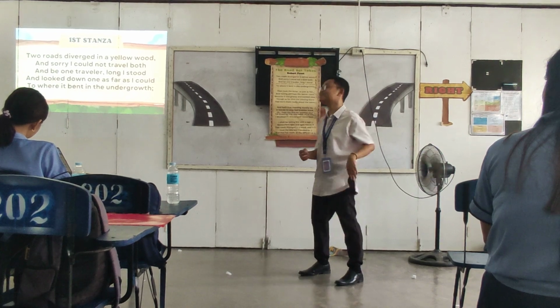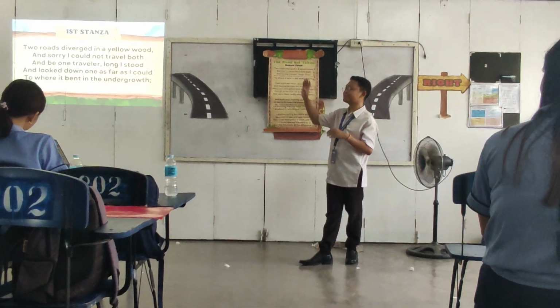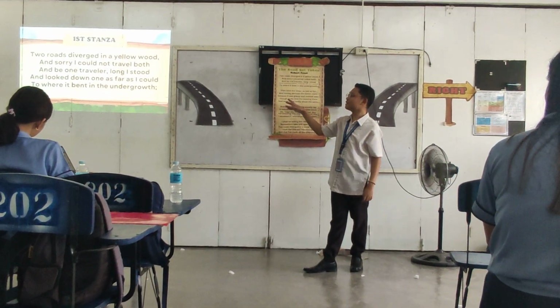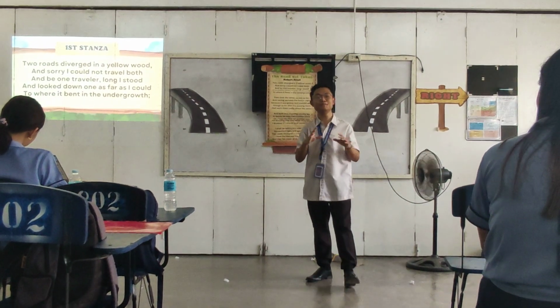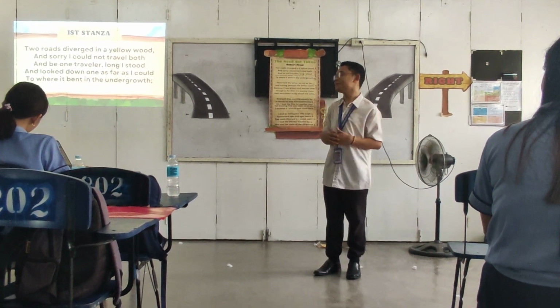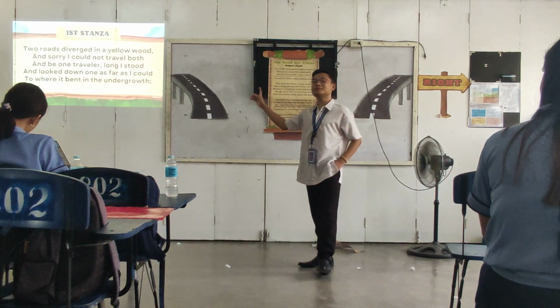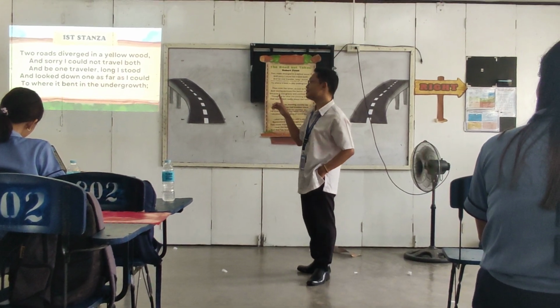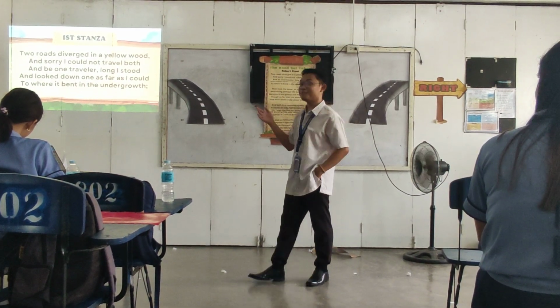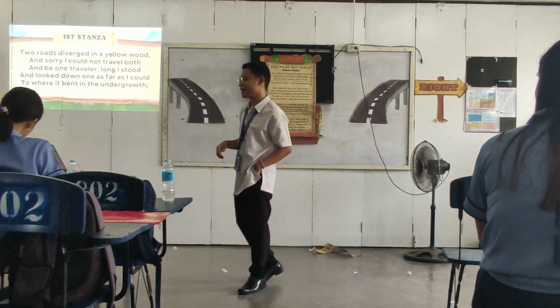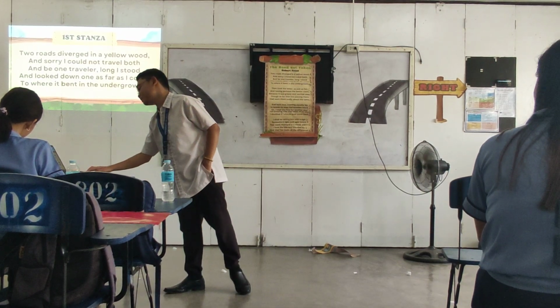Alright, so thank you for that, Miss Wilma. So in the first stanza, the roads are used as a metaphor or a symbol for choices in life. So here, the speaker should choose only one road, so it takes time in thinking about it. So later we will find what road he chose.